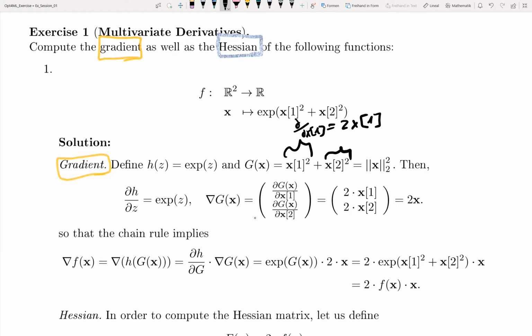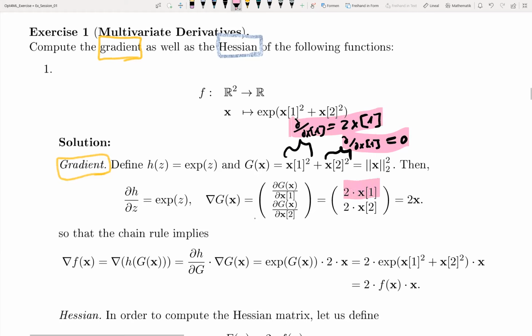If we look at this term with respect to the first component and compute the derivative, this term is not depending on x1, so this is a 0. So we see in the first entry, taking this and this into account, we get this.